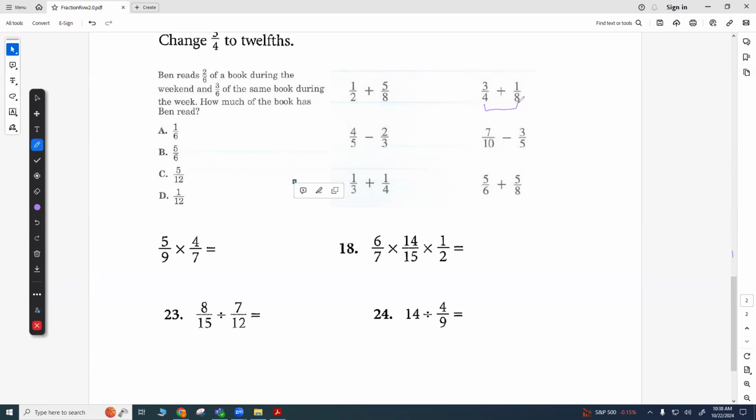So you'll probably need to change. I look at my two denominators and ask, what is the common denominator they share? Fortunately for this example, 8 is a common denominator, so I don't have to worry about my 1/8, but I have to change my 3/4 to 8ths.